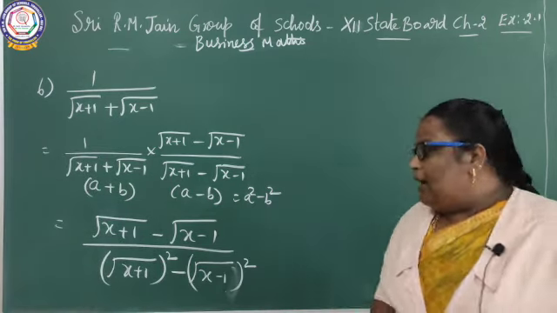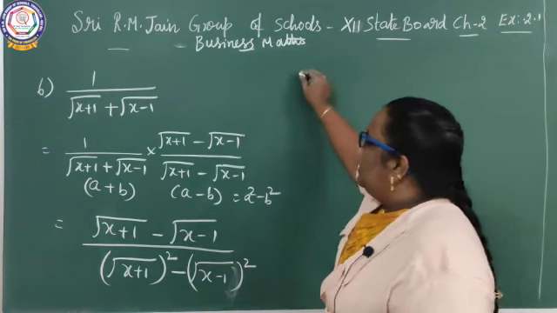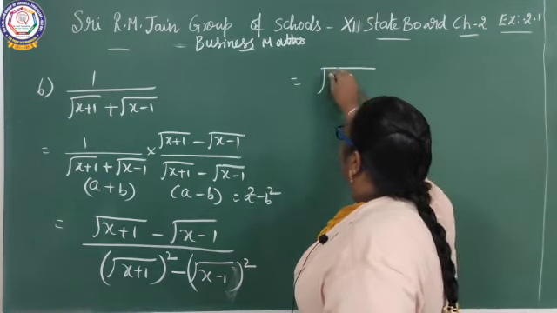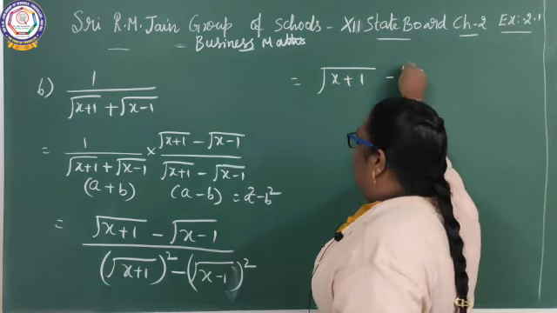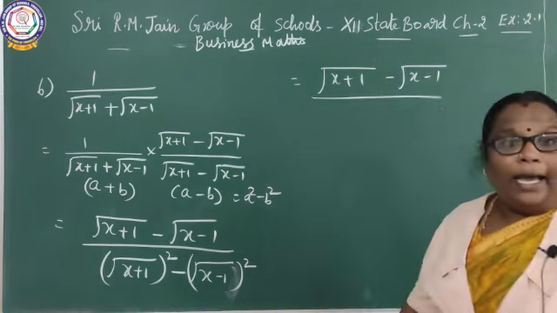So what is the value? First you simplify and then you will do the integration. See here, it gives root of (x + 1) minus root of (x - 1) by a square minus b square.